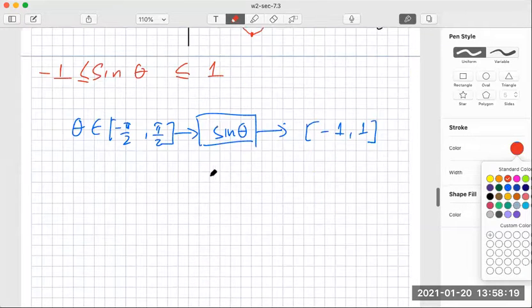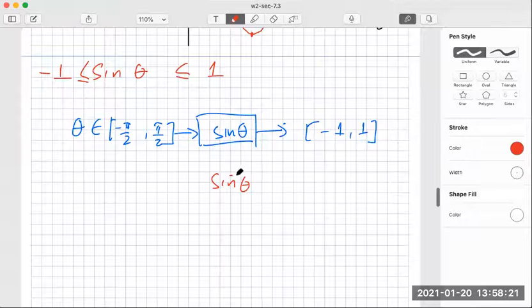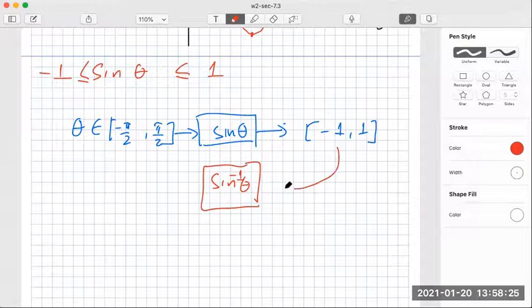And the inverse function of sine theta will take the range here. The range of sine will be the domain of the sine inverse, and the range of the sine inverse will be the domain of the sine function. Okay?